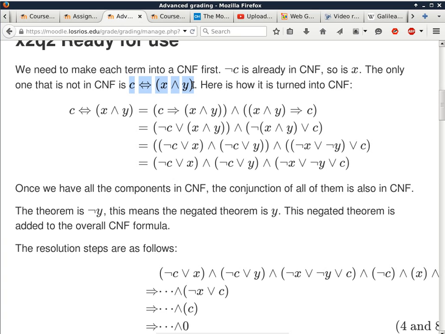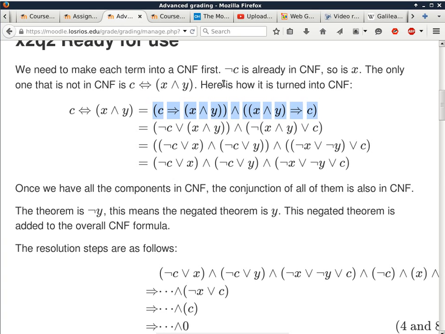So the first thing we have to do is convert this into CNF. And this particular rule, which rule did I use to turn it into this form? I'm turning A is equivalent to B into A implies B, and B implies A. Is that okay so far?